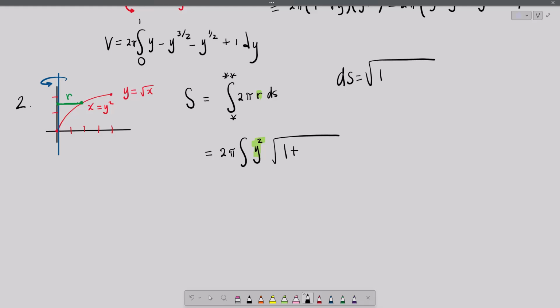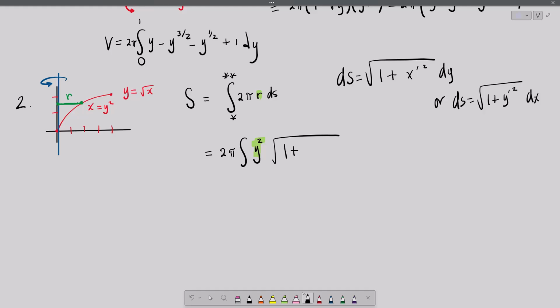We have two choices. It's either 1 plus x prime squared times dy, or if we had the other scenario, ds would be 1 plus y prime squared dx. So it just depends if you're going around the x-axis or the y-axis. So we're in this scenario right here, 1 plus x prime squared.